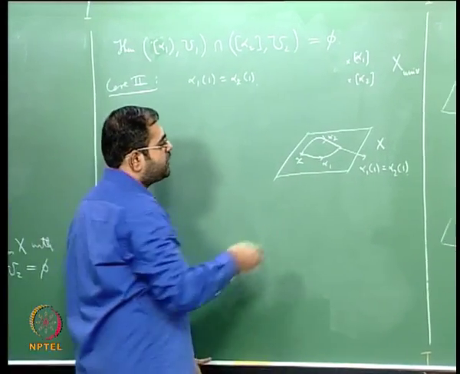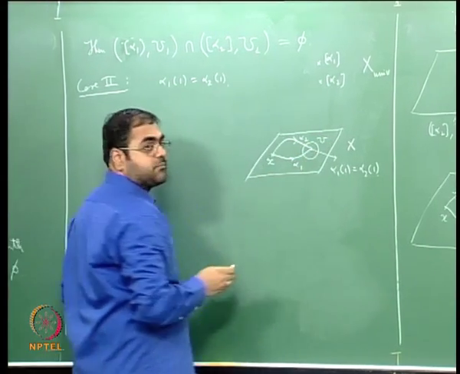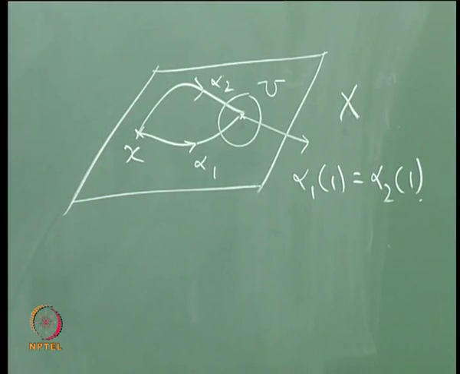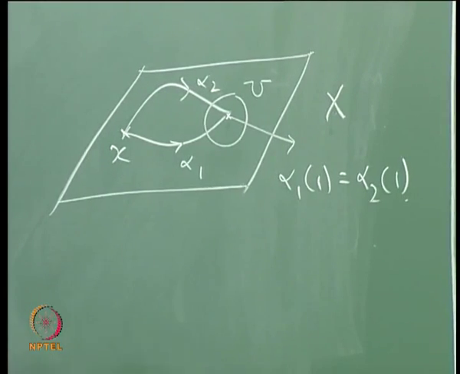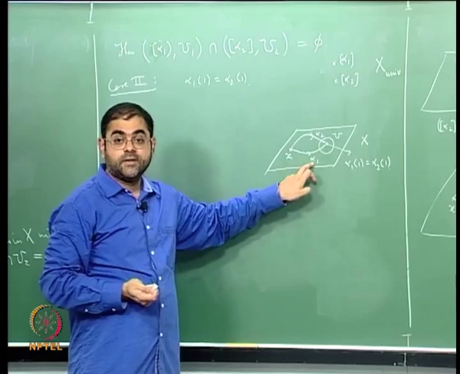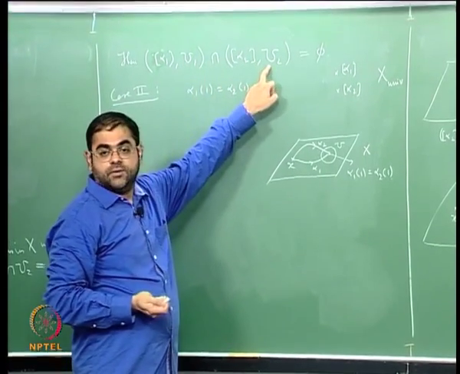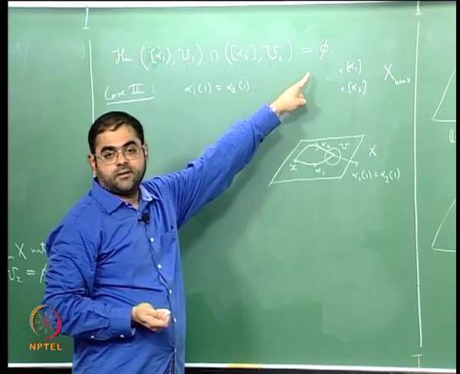So you choose U to be a simply connected neighborhood of this endpoint, which is the same endpoint for alpha 1 and alpha 2, and the claim is that the corresponding sets above with the same U are going to be disjoint.